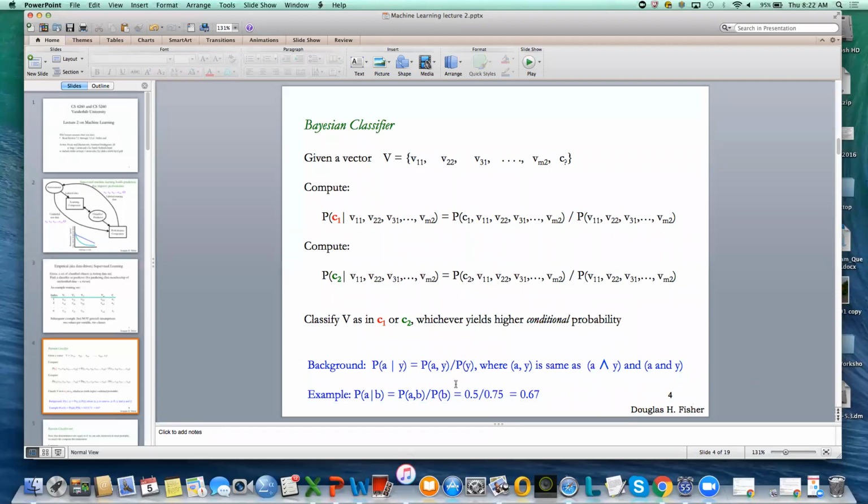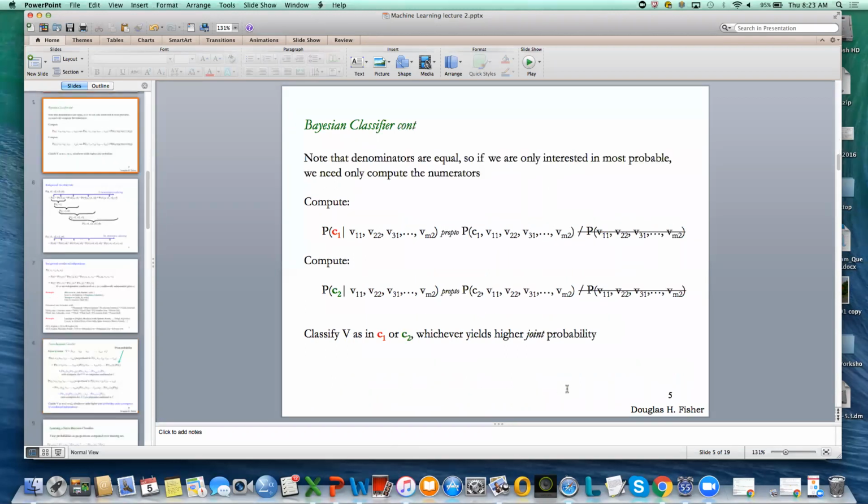So the idea here is the probability of A and B in the set of training vectors as a whole might be 0.5, but the probability of B all by itself is 0.75. So if I know that a vector contains B, then 67% of the time it's also going to contain A. But again, go back and look at that background as you need to.